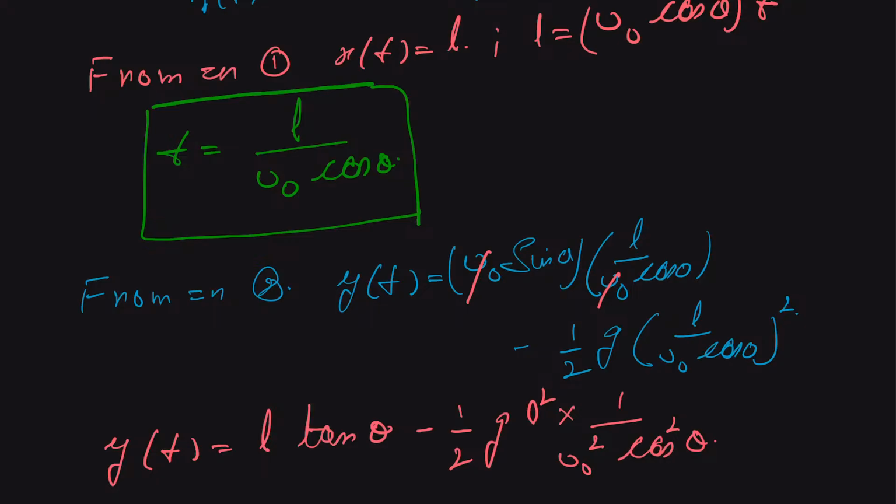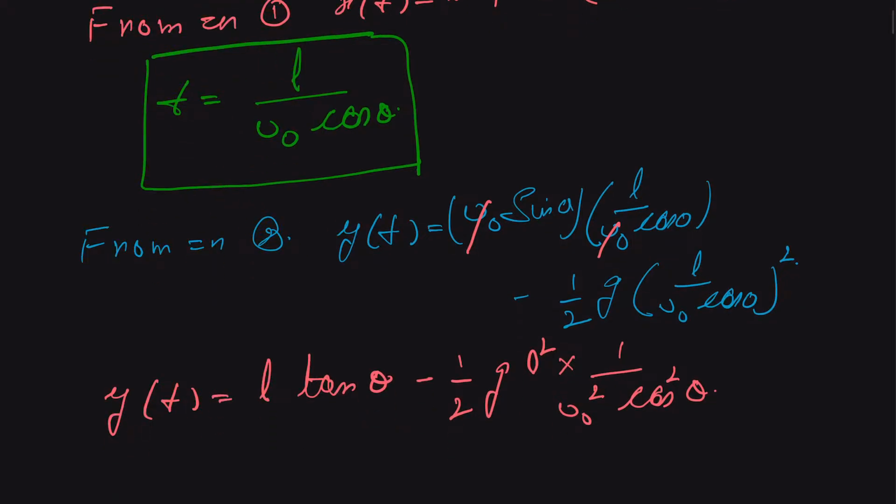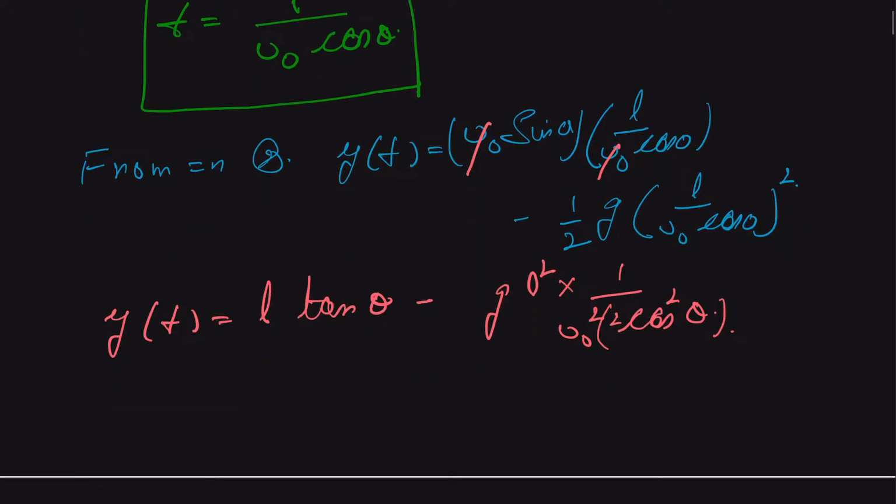Okay, and we can combine this 2 with our cos square theta. These 2 cos square theta we can write in terms of secant theta and tangent theta, basically secant square theta and tangent of theta.